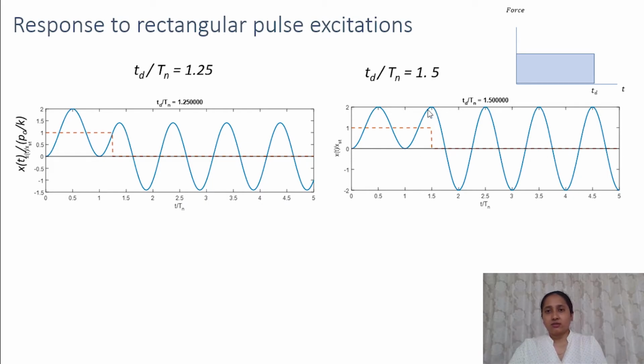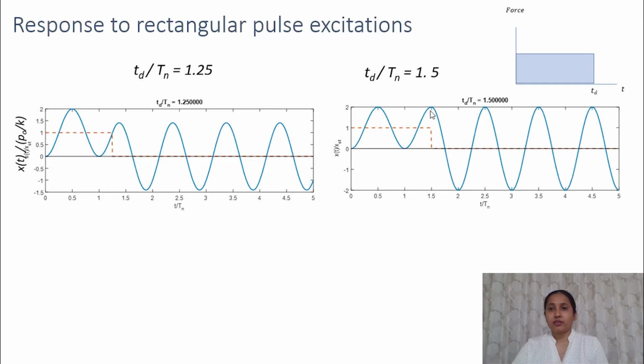But here the amplitude is the same during the free vibration and the forced vibration phase. That is because of the initial conditions here. At the beginning of the free vibration phase, the displacement is maximum, 2, and the velocity is 0. So for the free vibration also, the maximum amplitude will be the same as the initial displacement, that is 2 here.